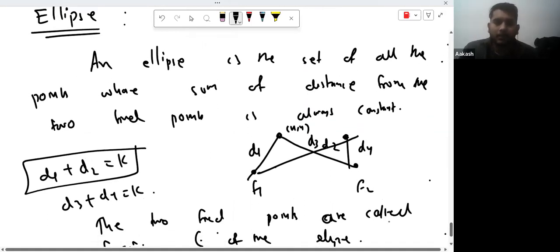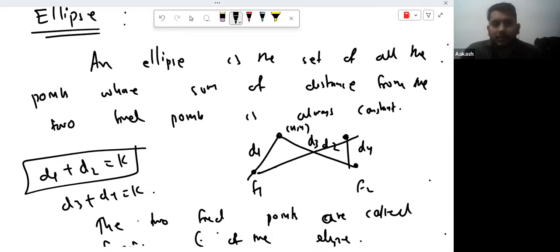Okay. Lena, just write down the definition of ellipse. I hope you can read my handwriting. Otherwise, just ask me whatever you cannot understand.